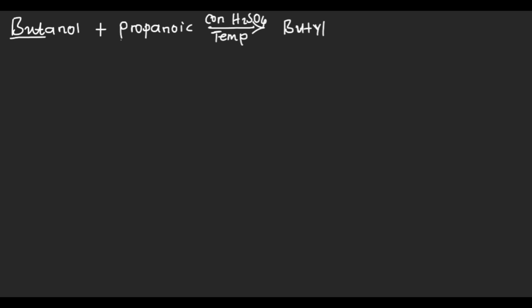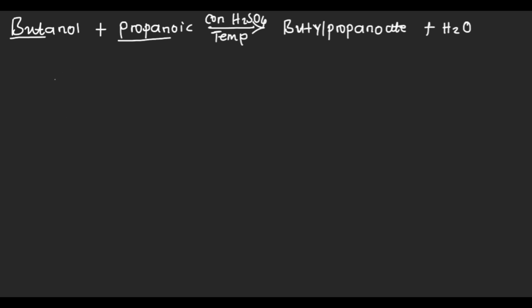Then from the acid part we just get up to N. Then we add it with the butyl. Then after N we add OAT, so we have named this particular ester. So this is butyl propanoate plus water. Then let's look at this one as a structural formula.